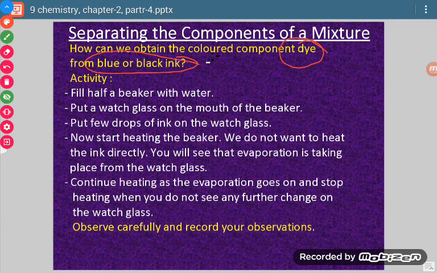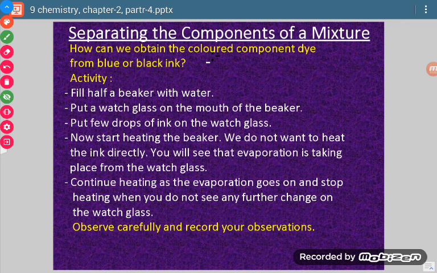Those substances which have the tendency to form vapors are known as volatile. So water is a volatile substance. So what do we mean by volatile? Those substances which can convert into vapors are known as volatile substances.